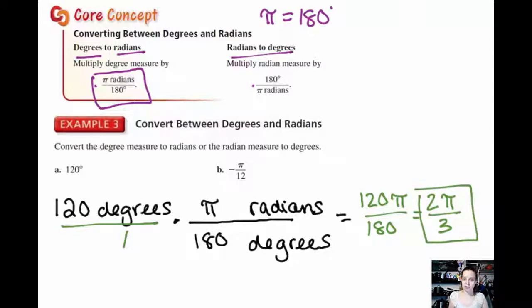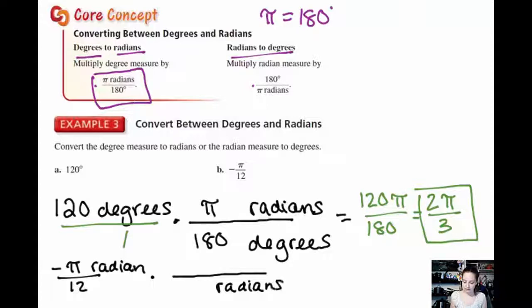So instead of saying 120 degrees, you could say 2 pi over 3. We'll do this one more time. Now we have b, which is negative pi over 12. And here we're given the measure in radians. So to convert to degrees, we need to multiply by our unit ratio when radians is in the denominator and degrees is in the numerator.